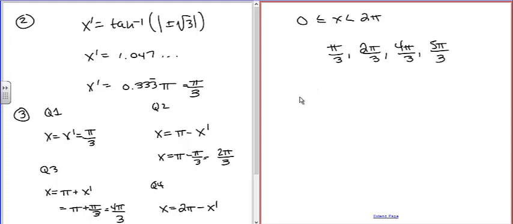Now as far as all real numbers, there's 2 ways you can do it. So method 1 is you just take each one of these and do what we normally do. Add 2 pi n.